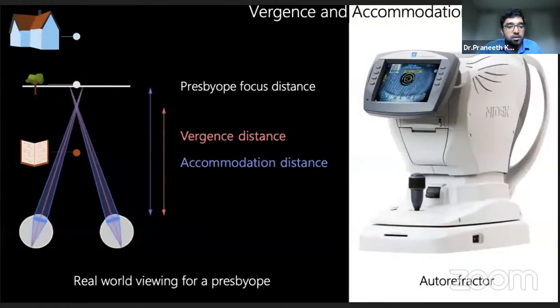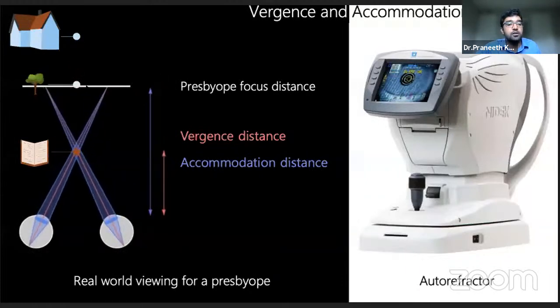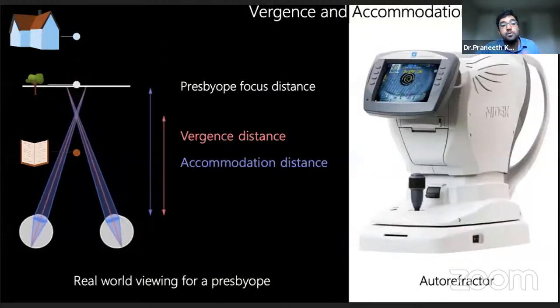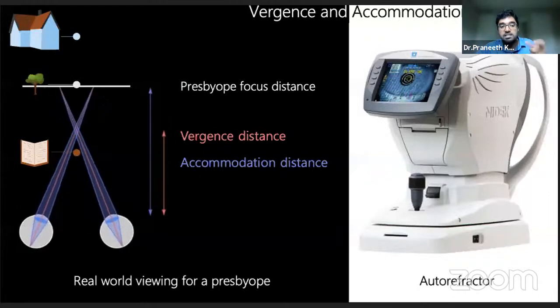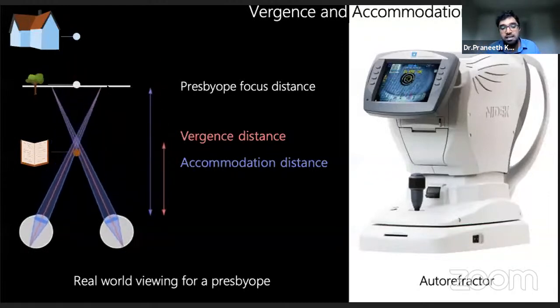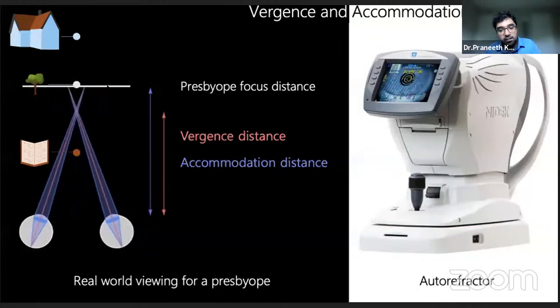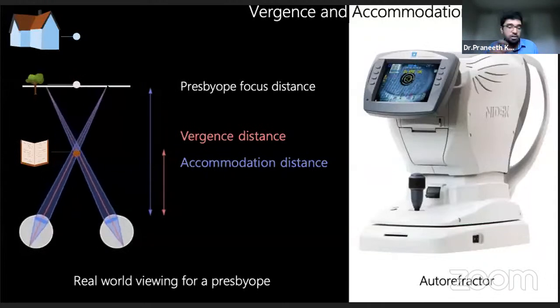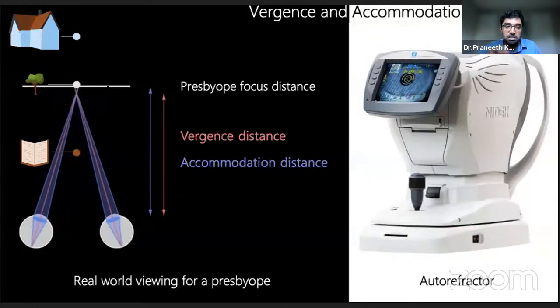Even if you present a virtual tag at the house, the user will not be able to look at it, because the user is only focused at this distance. So you want to be able to change or adjust for the user's prescription. And for that, you need to know precisely where the user is currently wanting to look and where the user is currently looking, so that you can adjust for that missing prescription.